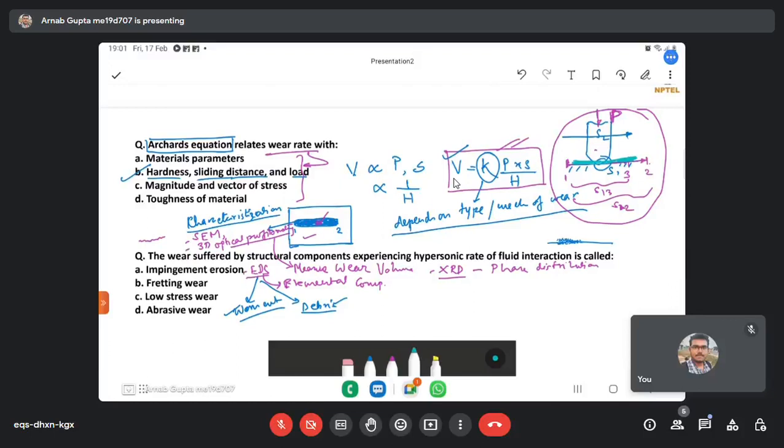So suppose the debris or whatever material is forming, which is not there in the initial stages of this sliding condition. It was not present in the initial stages, but after some time that has evolved due to the interaction.